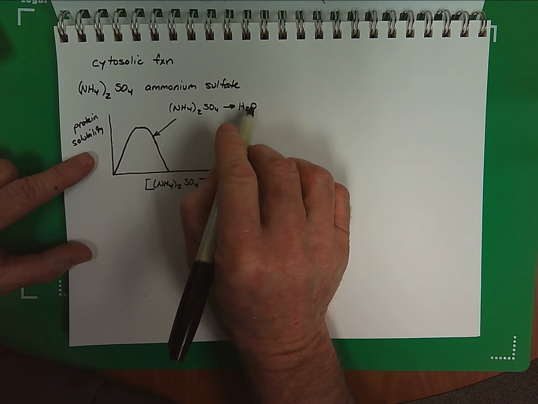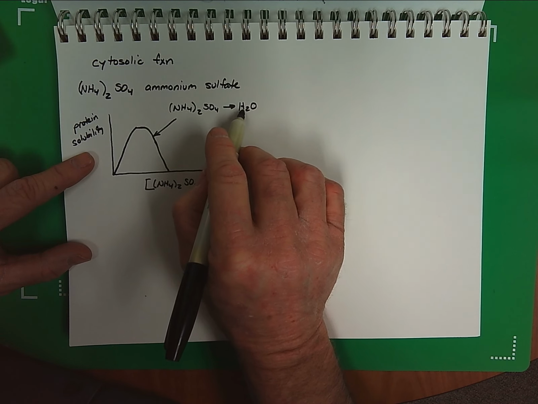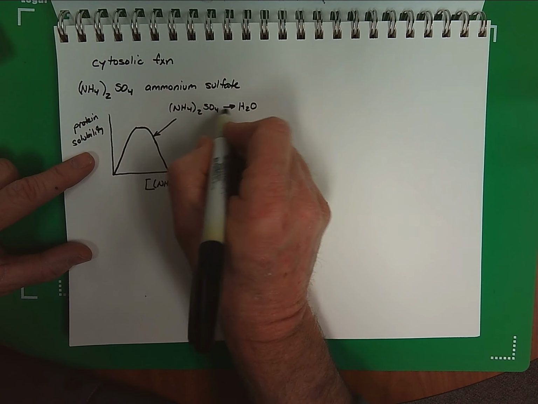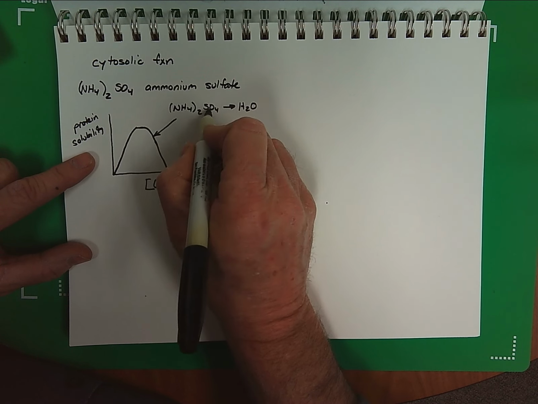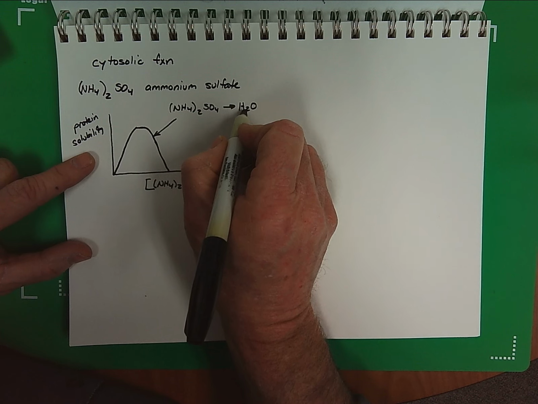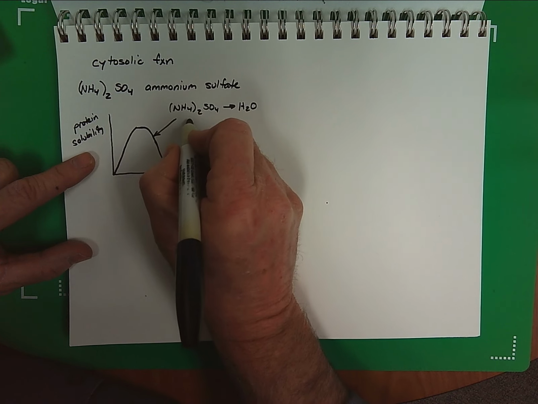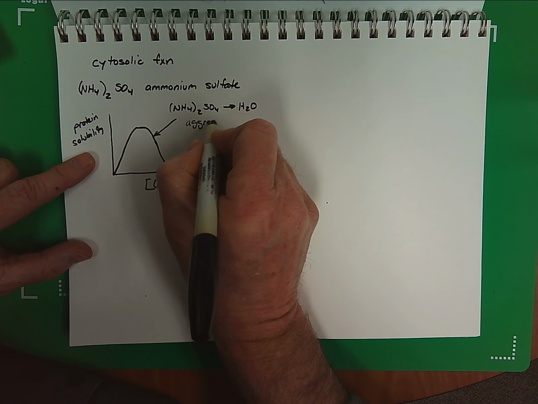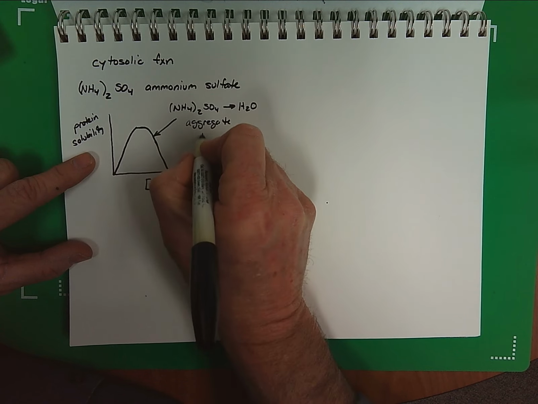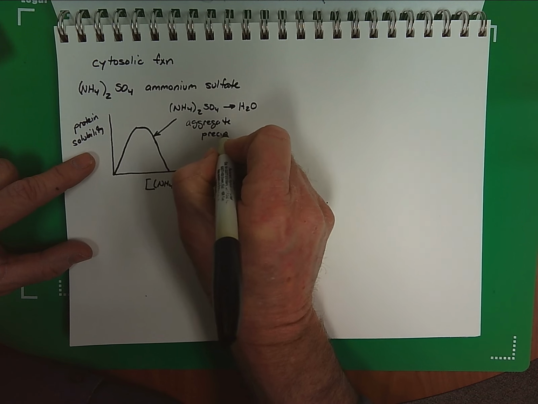Recall that water is surrounding proteins by hydrogen bonding. And when we have excess salt, we are now forming ionic interactions between salt and the water, which removes the water from the protein. If we begin to remove water from protein, the protein begins to aggregate. As it aggregates, the protein precipitates.